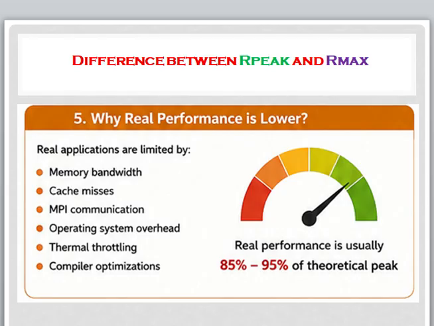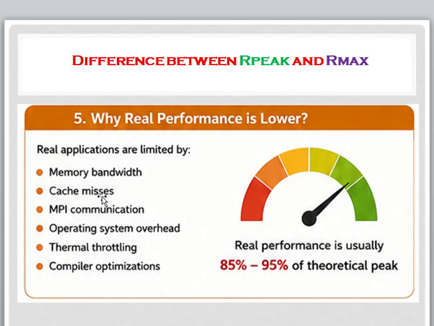Now let's see why the performance is lower. Whatever the theoretical performance is, you will never get that in your actual workload. Why will your application not be able to achieve 4.6 teraflop all the time?